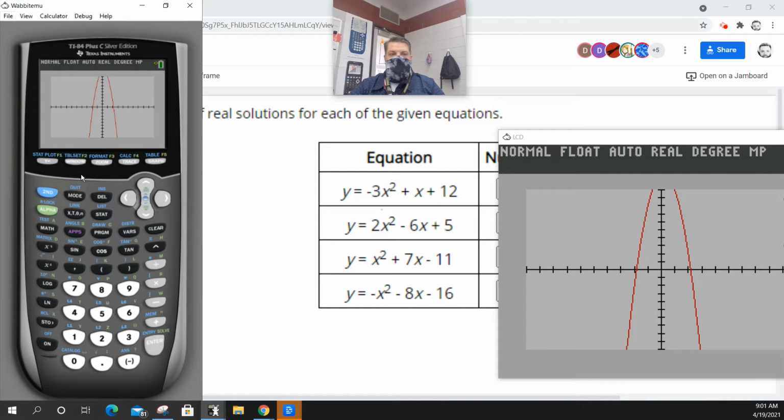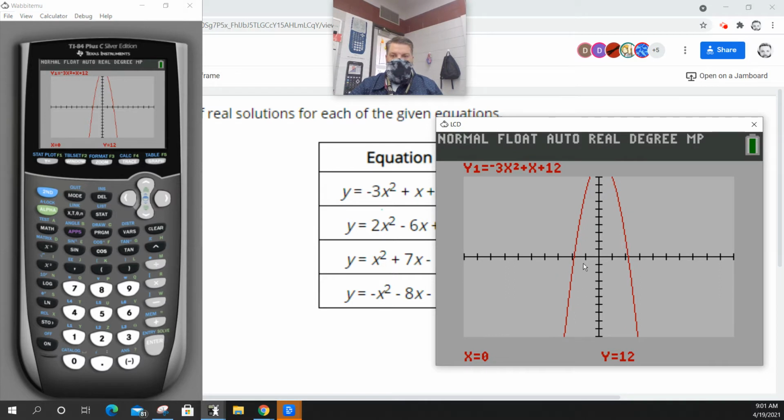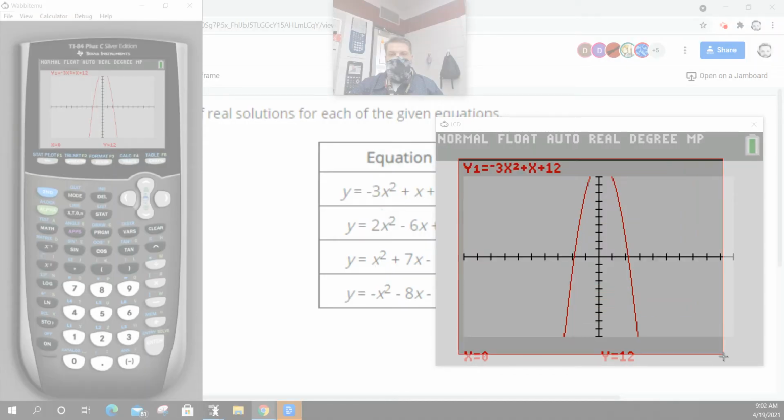Okay, does that cross the x-axis? Sure does. So let's take a screenshot of that. How many times does it cross the x-axis, though? 2 times, right? So let's just take a picture of that.